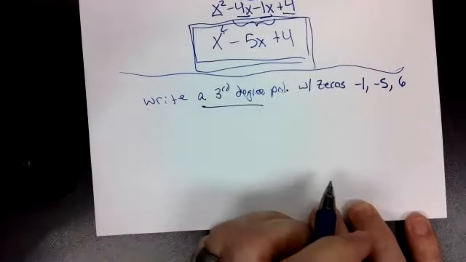So again, we know we're going to end up with a third degree polynomial, so we're going to have an x to the third at some point. And we know these are my zeros, -1, -5, and +6.